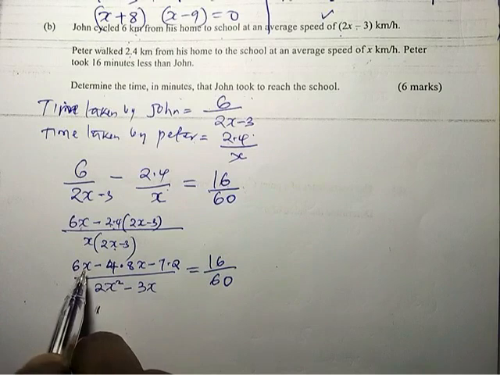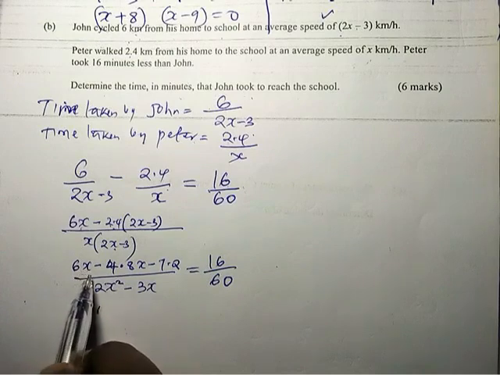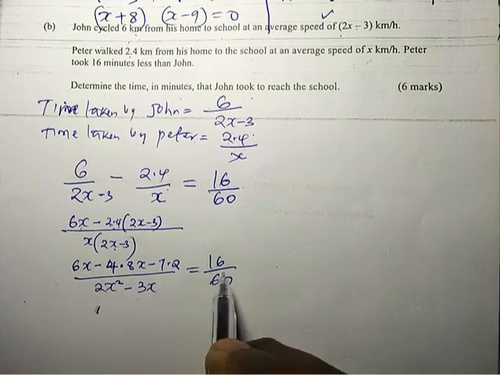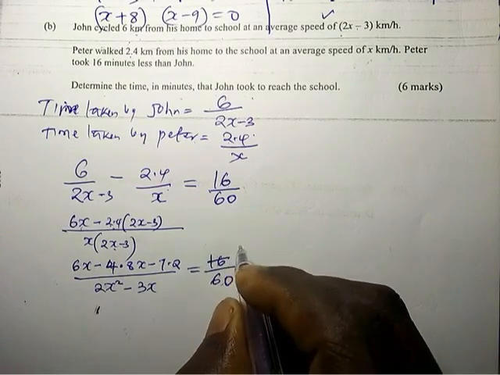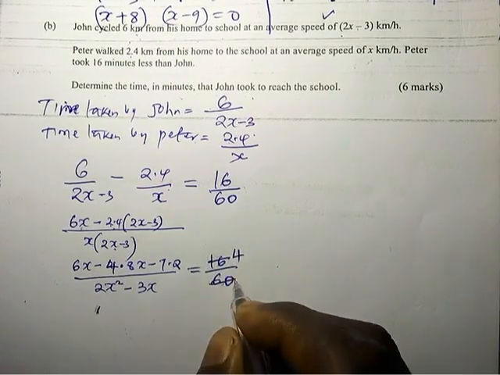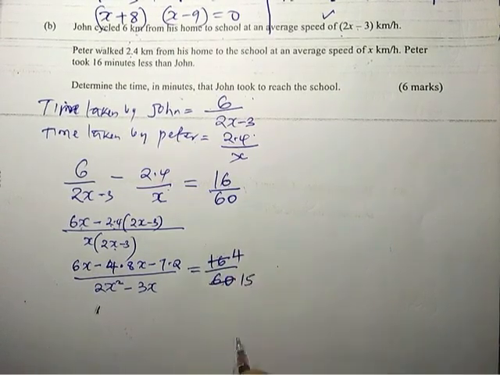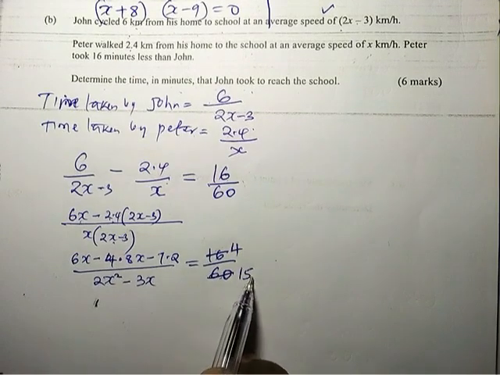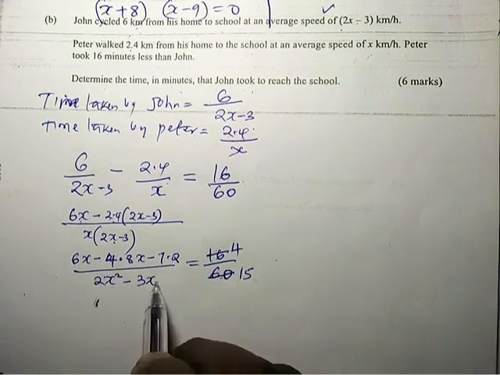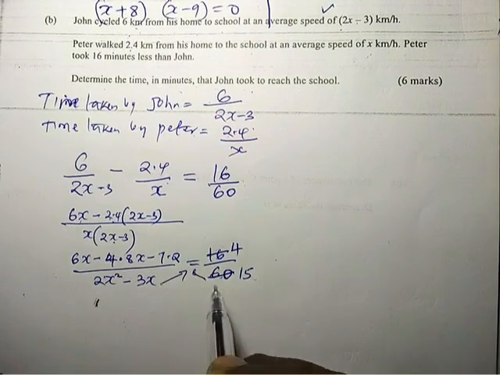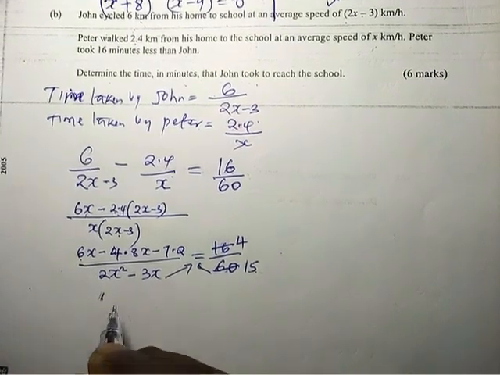So naweza like terms hapa together, ama tutoe. We can cancel this 4 here, 4 here, 15. Now we can cross multiply everything like this.